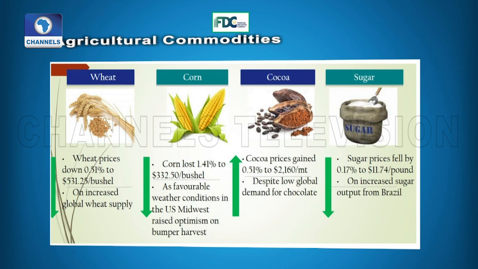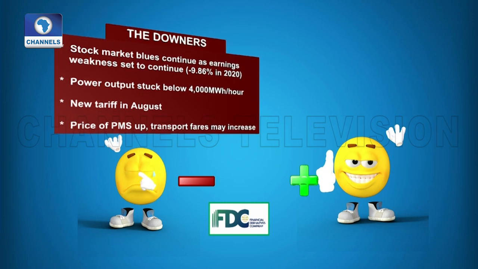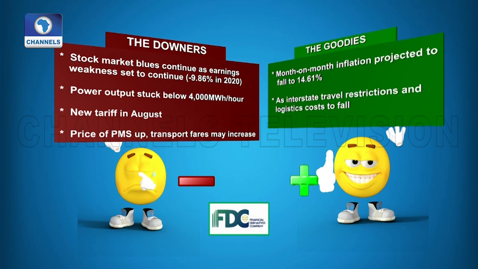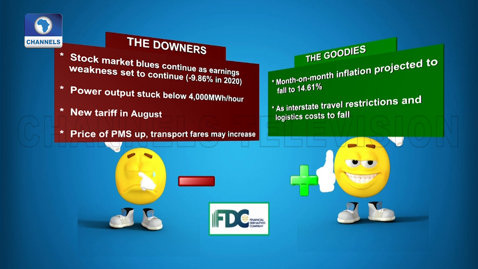Yes, because month on month reflects what happened in May versus what happened in June, and what could make month on month decline is that the interstate movement restrictions were lifted. So those logistics problems you were having of different checkpoints, making it harder for you to bring produce from the farms to the markets, right? You see that has been taken care of by lifting the lockdown restrictions, and even as you open up airports, you're basically opening up your borders for free flow of goods now.